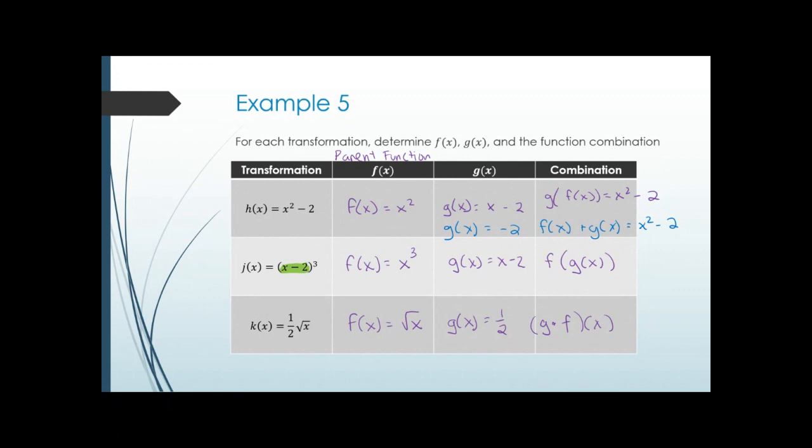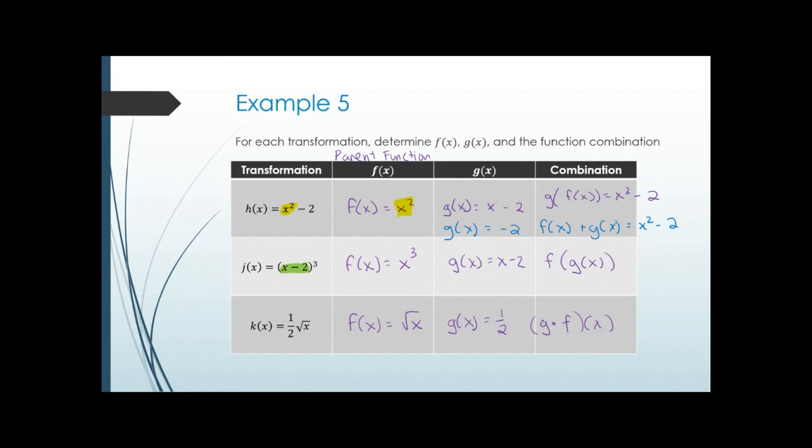So if I try to highlight here, like h of x, we have an x squared. So that's the parent function. So that's really the skill that you need to be able to recognize and say, okay, my original function was x, I subtracted 2 from it.